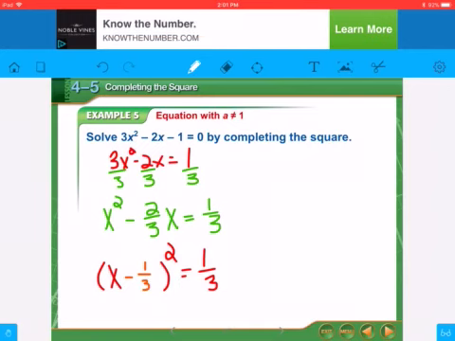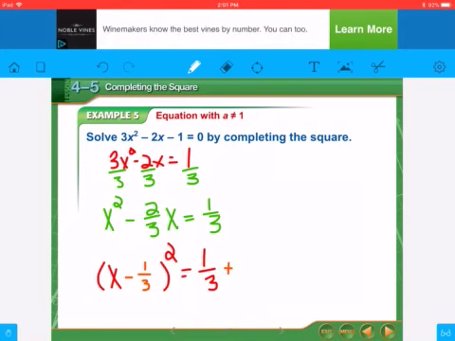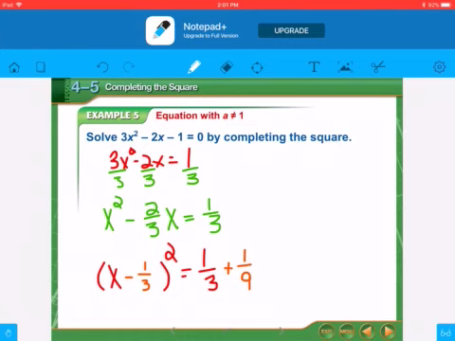And now you're going to square that and add it to the other side. So 1/3 squared is 1/9. So now we have x minus 1/3 squared equals, to add these together, I've got to get a common denominator, so make this 3/9. So equals 4/9.